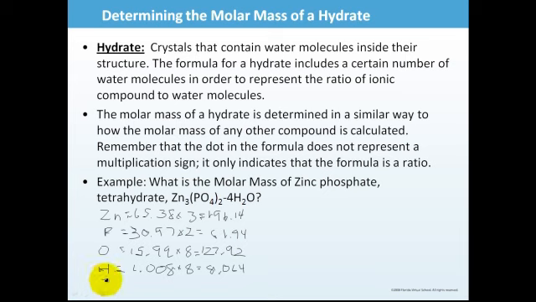And then we have to do oxygen again, because we have some more here. So this time we've got 15.99, and again the 4 distributes through the whole molecule, so it's 4 times 1, so we have 4 oxygens. And that gives us 63.96.